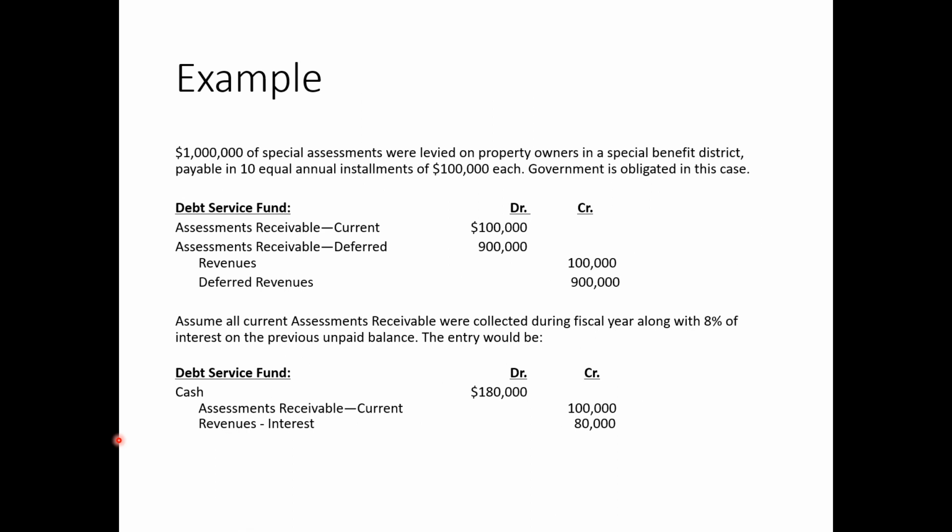Example: we have 1 million in special assessments levied on property owners in a special benefit district, payable in 10 equal annual installments. Government is obligated in this case. Okay, obligated, so we know we're going to use the debt service fund.